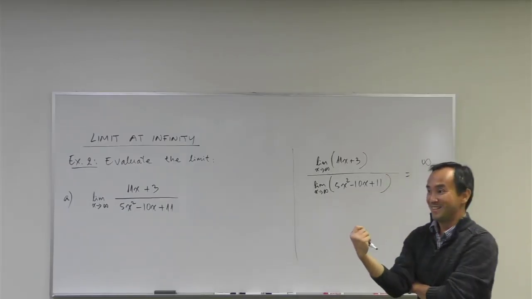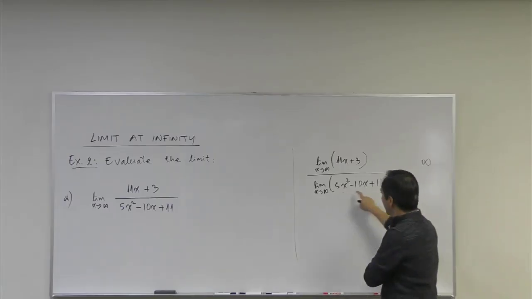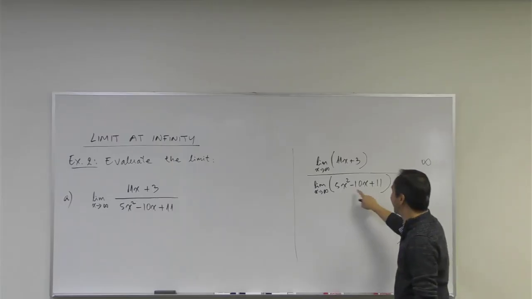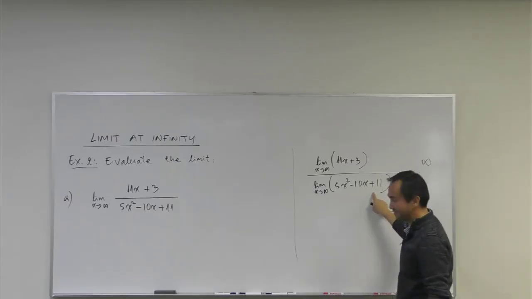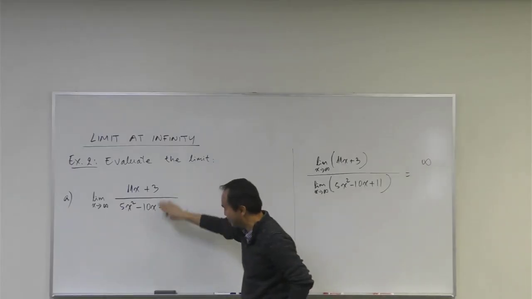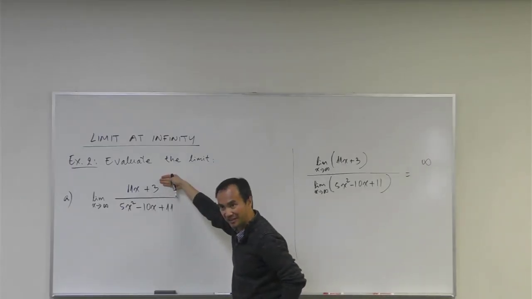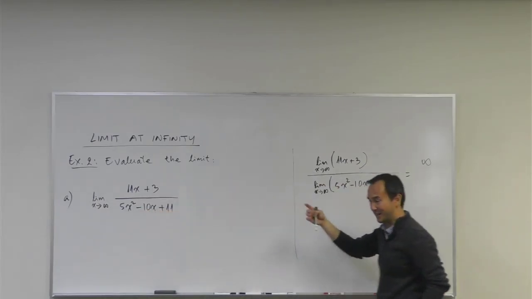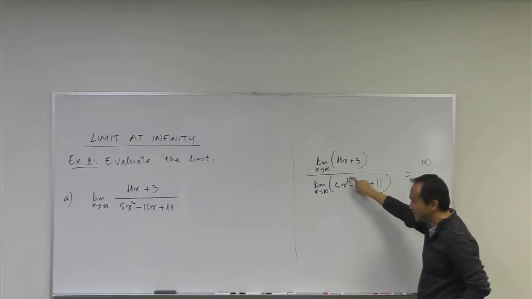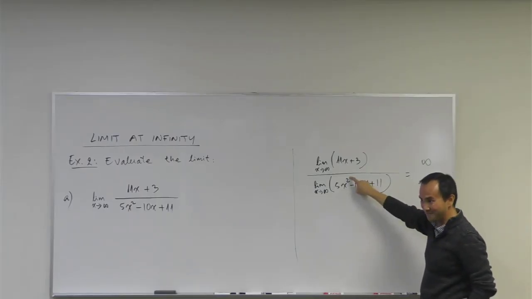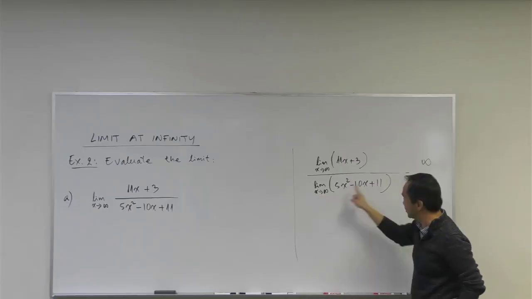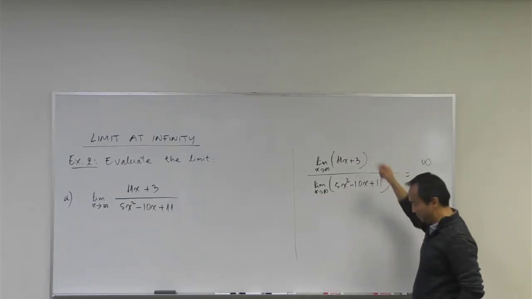Same way right here, what do we recognize about this function? Yes, it's a polynomial again. The function we have is a rational function, so it's a polynomial on top, specifically a linear, and here is a polynomial again, specifically a quadratic. But quadratic is not important. What degree is this? Even degree, and the leading coefficient is positive. So that means the right-hand behavior is going to also point up. See what I'm saying now?